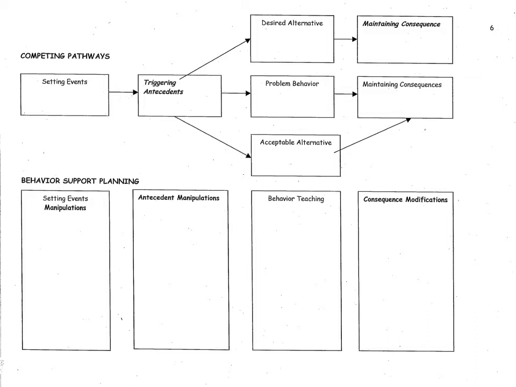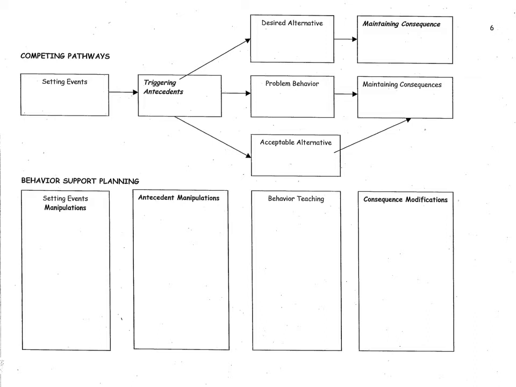So you know the setting events, antecedents of the problem behavior, and then the consequence. You can also identify the function after the consequence. And then this desired behavior is what's supposed to happen. For example, if the antecedent is teacher presents worksheet, then the desired behavior would be completing the worksheet, right?